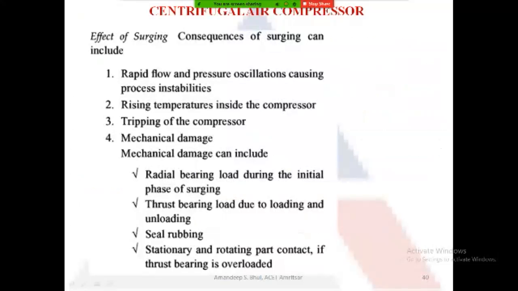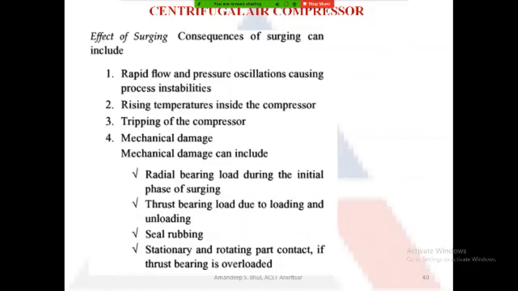Okay, what are the effects of surging on the centrifugal compressor? Now, the rapid flow of pressure oscillations causes process instability. So instability of the process of compression is achieved because the air is oscillating. For some time it is getting delivered, for some time backflow of air takes place.